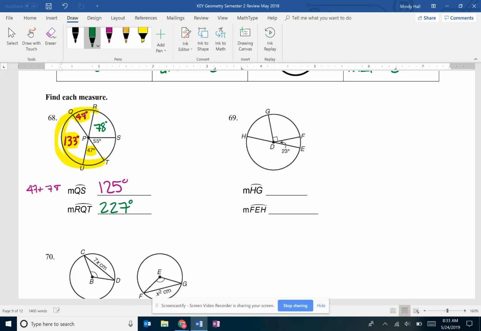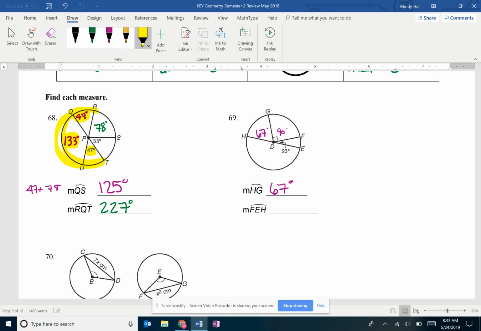Okay. For 69, if we want HG, that's going to be this little slice right here. So again, I have a straight line right here, so I know it'll add up to 180. So 180 minus 23 minus 90, because remember, that's what that little symbol means, is 67 degrees. So if I just want HG, then I know it's going to be the same, so it's 67 degrees.